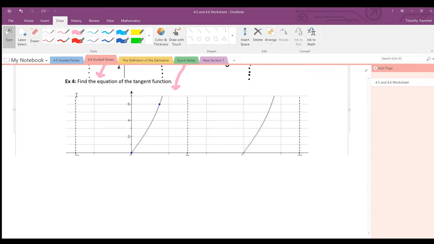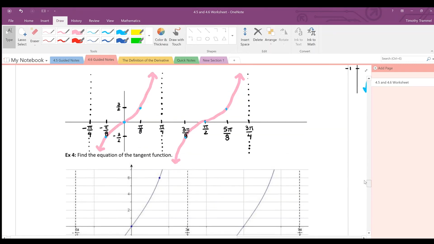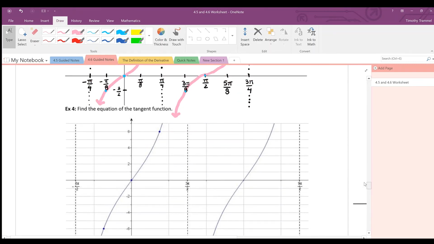In our next example, we're going to actually try, and this is not our next one. Let me scoot up to the right spot right here. Yeah. We're going to try and find the equation of the function that's already been graphed. Okay. And so the first thing that I would note is this looks more closely to what function? Tangent or cotangent?